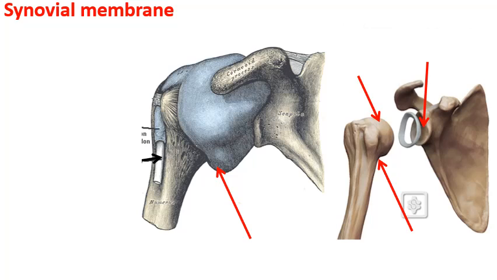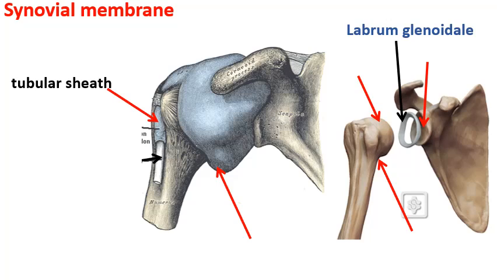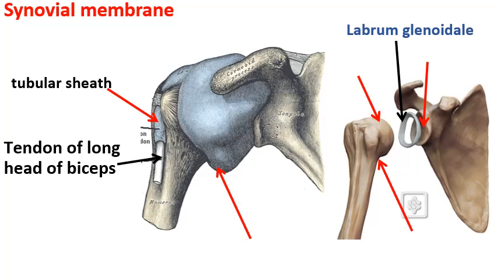Okay. To the glenoid cavity is attached the labrum glenoidale, as we said. So the synovial membrane will cover the labrum glenoidale from both sides. Next we see a tubular extension from the synovial membrane around the tendon of the long head of biceps.